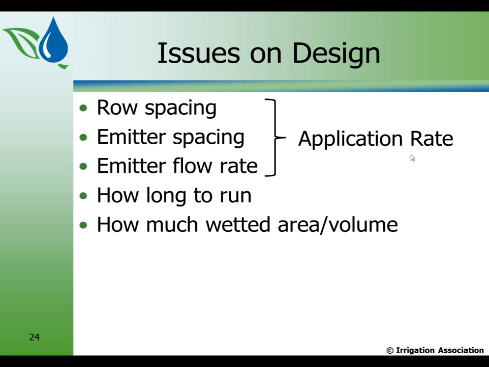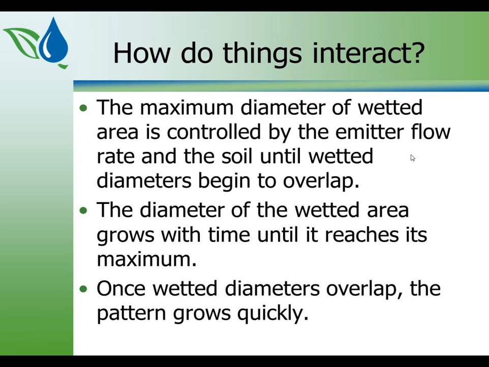Now, that's after the pattern quits expanding. But if the overall application rate's too high, it'll continue to try to expand and result in runoff. So how do these things interact? The maximum diameter of the wetted area is controlled by the emitter flow rate and the soil until the wetted diameters begin to overlap.